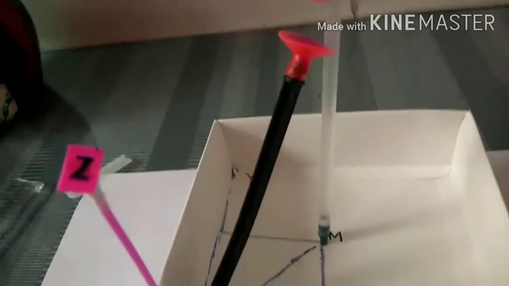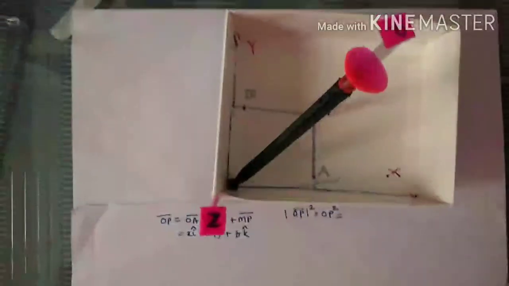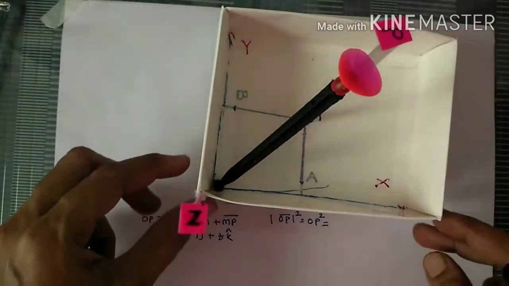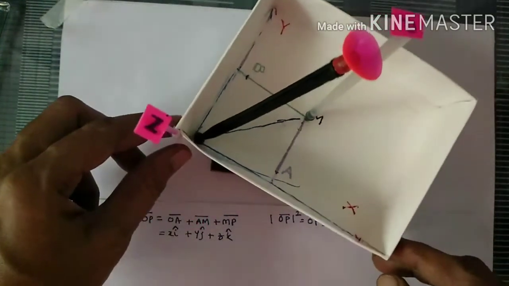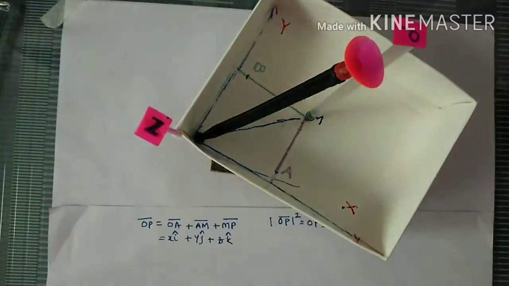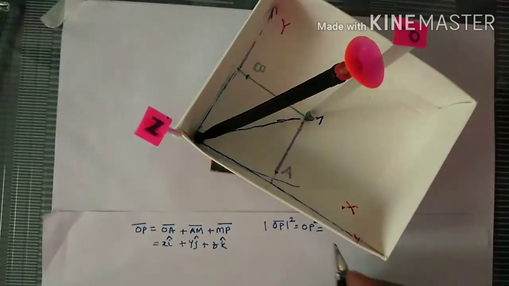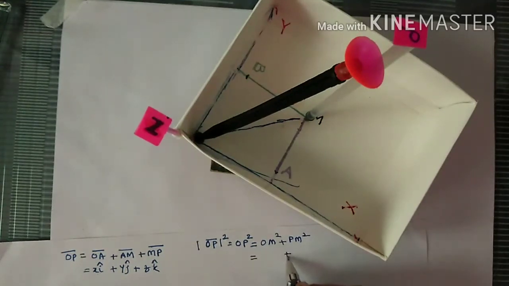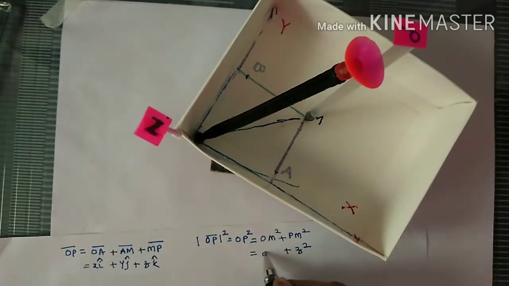Triangle PMO is a right angle triangle at M. So see here the triangle, PMO is right angled at M. Therefore, OP square is equal to OM square plus PM square. Now the distance PM we know is z, so PM square is z square.